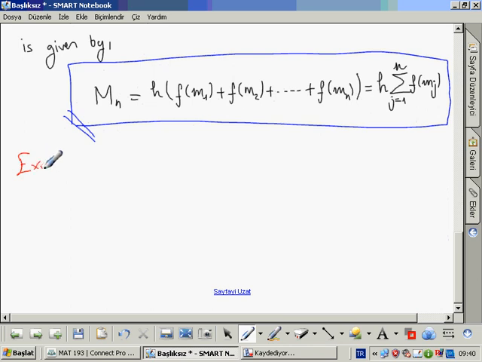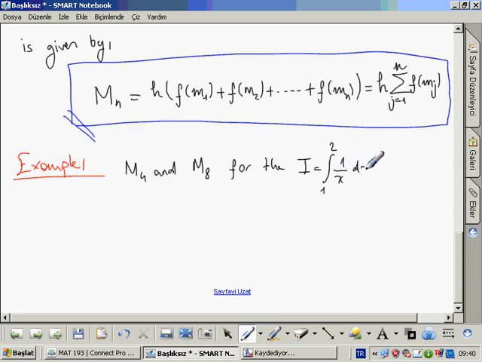Let's write an example. Find the midpoint rule approximation M4 and M8 for the integral from 1 to 2 of 1 over x dx, the same integral.